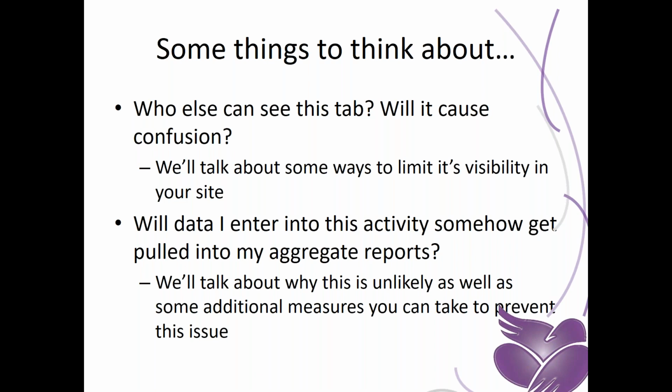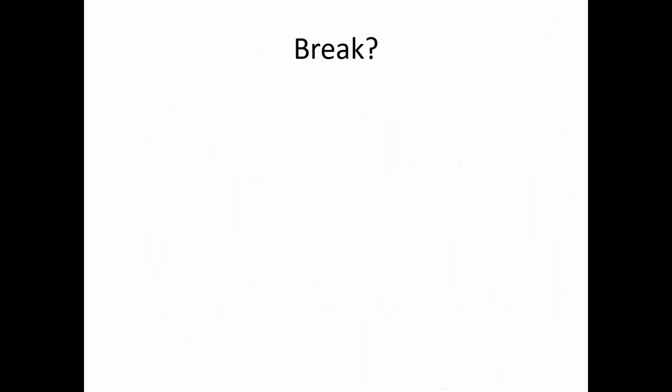So by all accounts, in the reports that are designed in ACWS, none of this information should accidentally cross over into your aggregate reporting, but there may be reports in your own site where that's not the case. So keep in mind what might be unique about your shelter site when thinking about how to set up this testing environment.